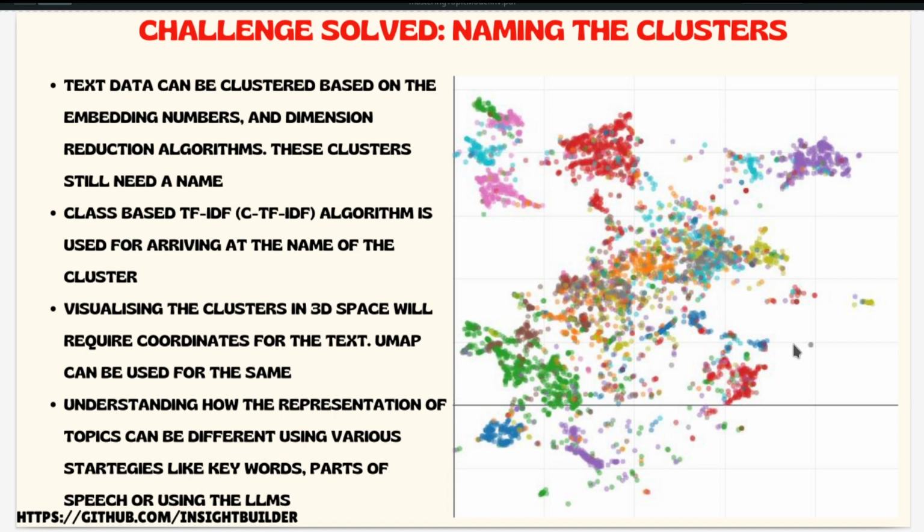And how did these topics arise? When the sentences have been embedded using the embedding algorithm, and then converted to reduced dimensions using UMAP, the sentences that are similar, the sentences that have semantically the same meaning, got clustered together.